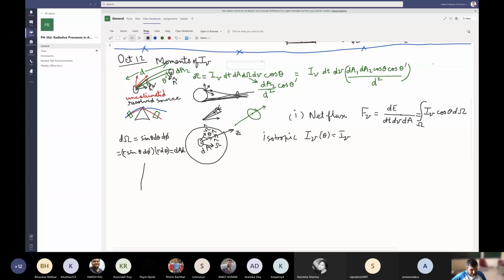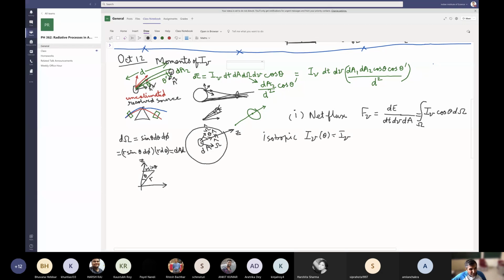Is my drawing understandable? Yes, sir. I don't want to use too sophisticated drawing tools because I'm not used to them and it may take some time. So this is your z-axis, and these are your spherical coordinates. This is your spherical radius r, this is angle theta, and this is r sine theta.